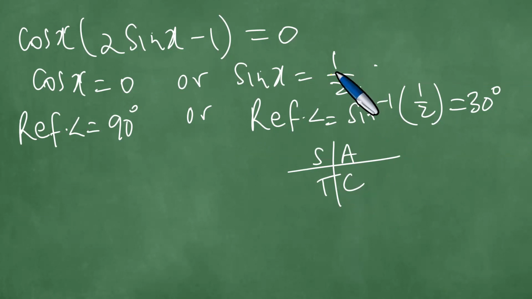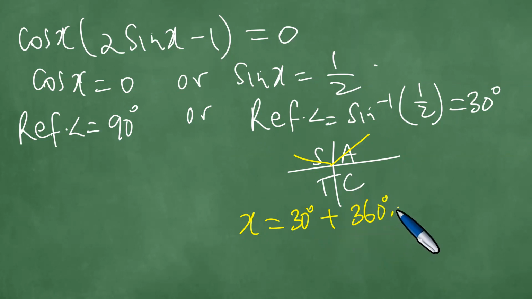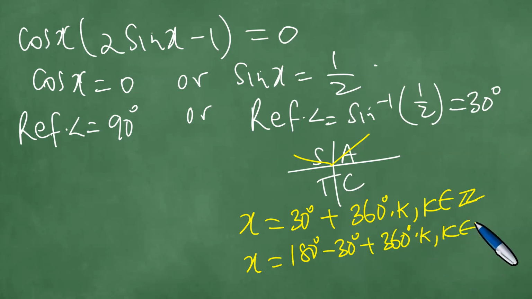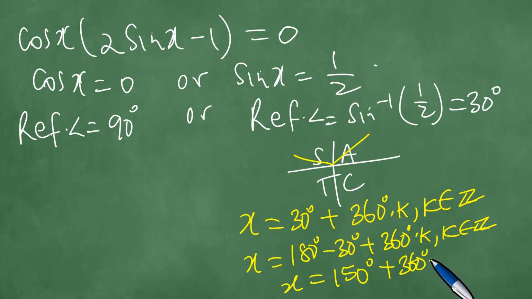It's positive in the first and the second quadrant, which means x is going to be, in the first place, 30 degrees plus 360 degrees times k, where k is in Z. And in the other place, 180 degrees minus 30 degrees plus 360 degrees times k, where k is in Z. 180 minus 30 is 150, plus 360 degrees times k, where k is in Z.